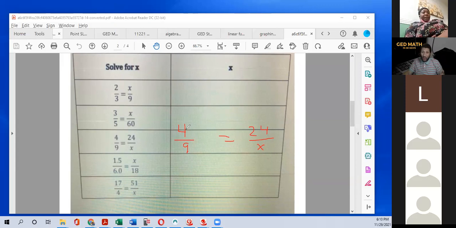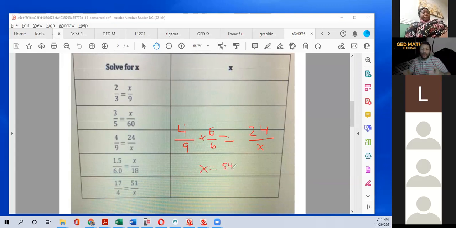Since I'm given the numerator on both sides, those are the two that I'm going to compare. So now I'm not looking at the denominator. What can I multiply 4 by to get 24? You should say 6. And now whatever I do to the top, I do to the bottom. And then 9 times 6 is, you should be saying, 54.